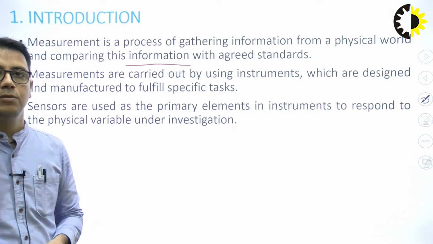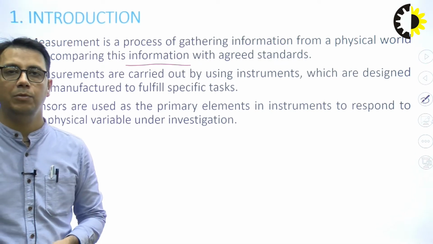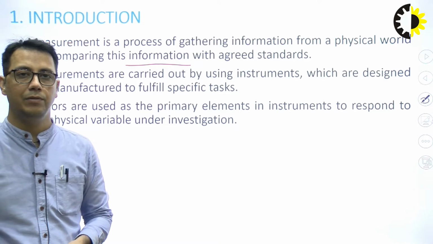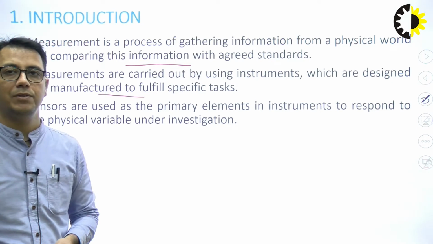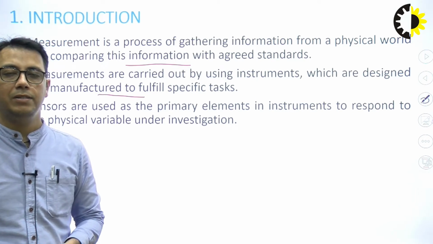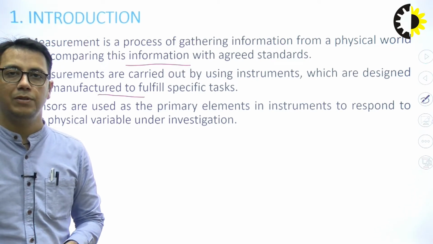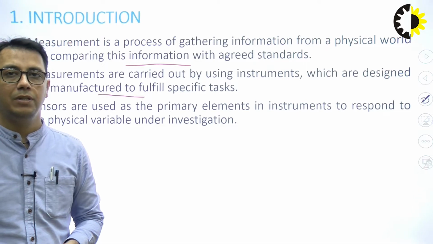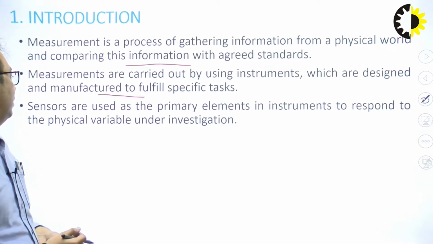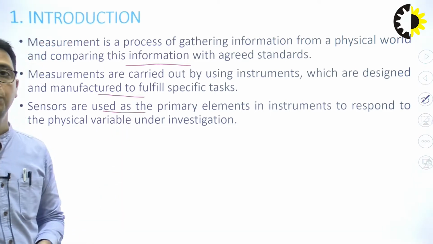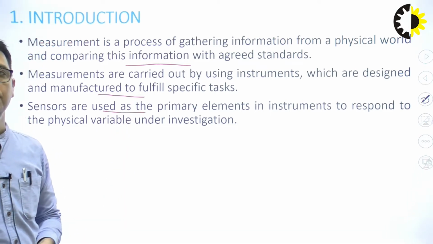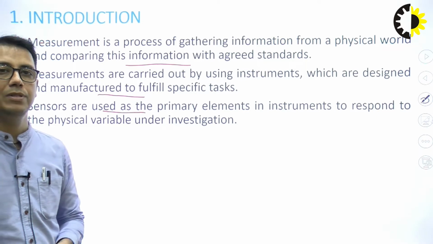Measurement is generally carried out using an instrument which is designed and manufactured to fulfill specific tasks. Like our simple scale is a sort of instrument which is used to measure length, and sensors are basically the primary elements in that instrument to respond to the physical world.